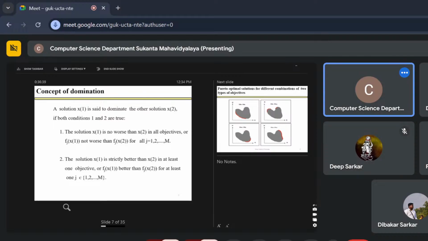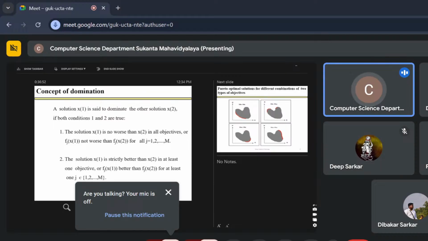If we are in the process of investigating greater than, then not less than is what no worse than means. So across all objectives, that means m many objectives are there, across all objectives, this must be valid.